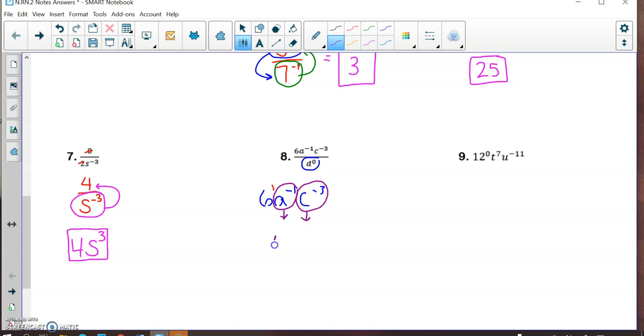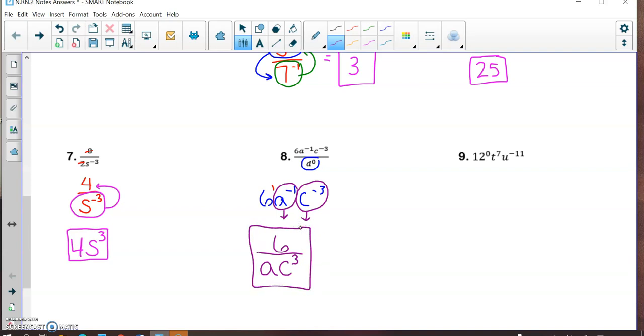The 6 stays in the numerator, so I keep the 6 in the numerator. A to the -1st power goes into the denominator. It becomes a to the +1st power, or just an a. If you want to write that exponent of 1, you can. It's up to you. And then the c also drops into that denominator and becomes a c to the +3rd power. This is your final answer.